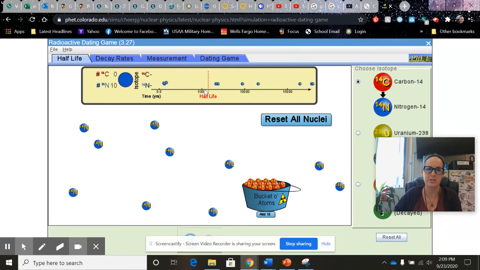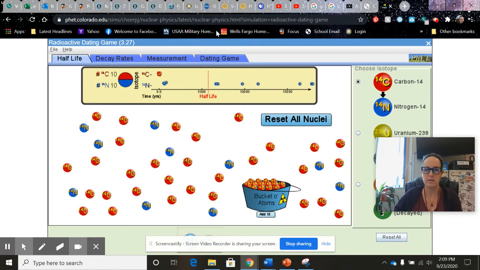Half of them had changed into nitrogen. If I add more, we can see that it goes down this train. Half of them are still carbon. Right around the half-life mark, half of them have become nitrogen, and the rest spread out.